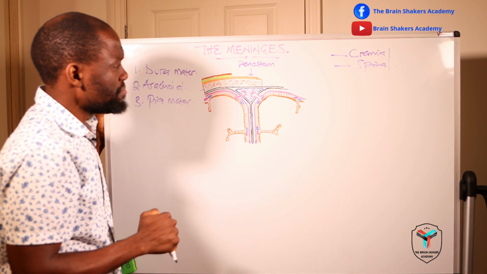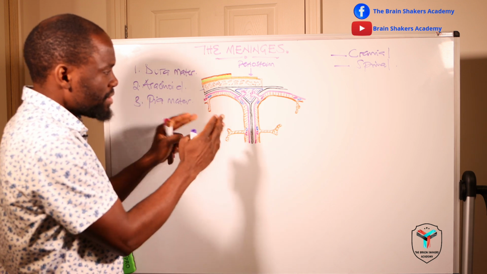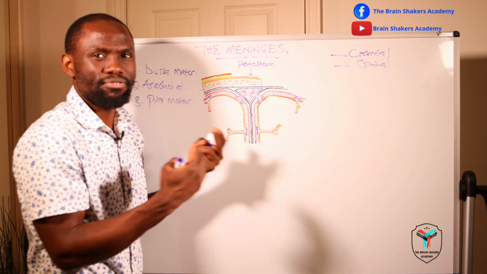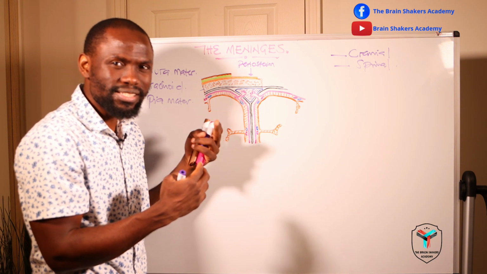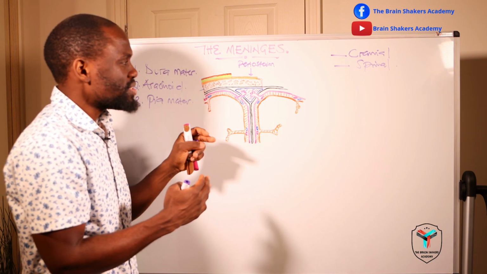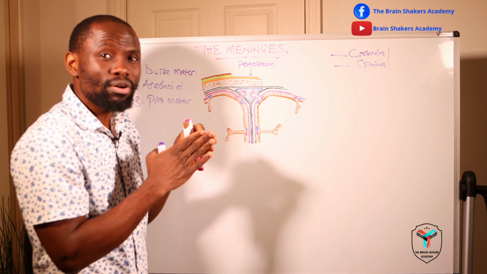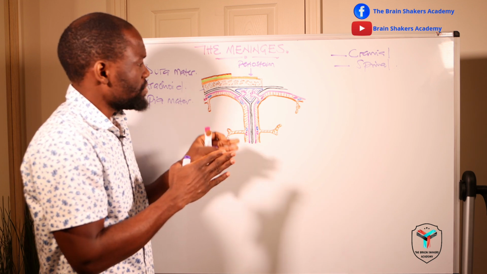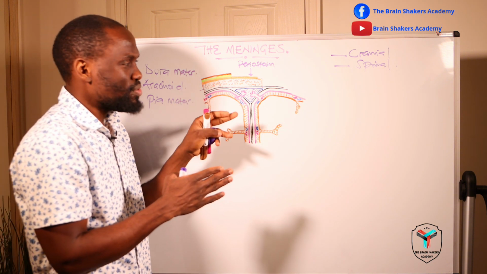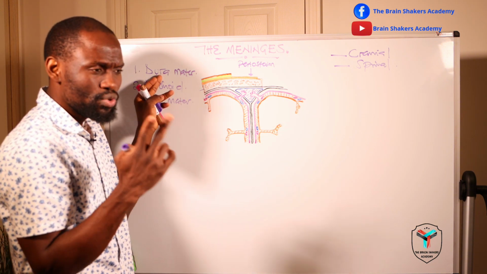Important also to make mention is that the diagram here separates the meninges so that it is easier for you to understand that this is a different meninge, this is a different meninge. But in the actual sense, these meninges are actually closer to each other. And when we are looking at the cranial meninges here, we have a dura mater that has two layers.